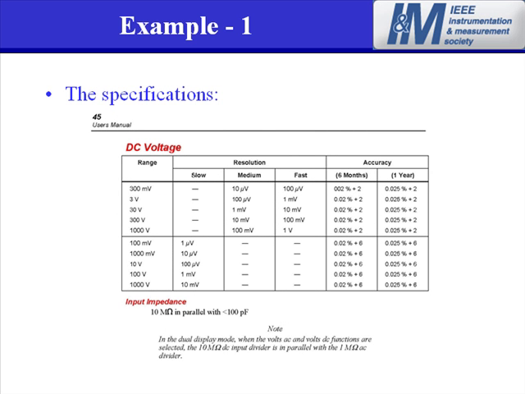In this slide, you have a typical example of specifications for DC measurements and the different possible ranges that are listed here. We select the range of interest, and we suppose that we are using the instrument within 6 months from last calibration. So these are the data of our interest.